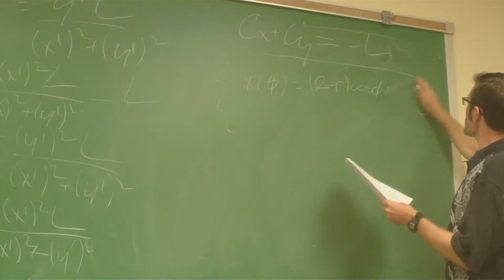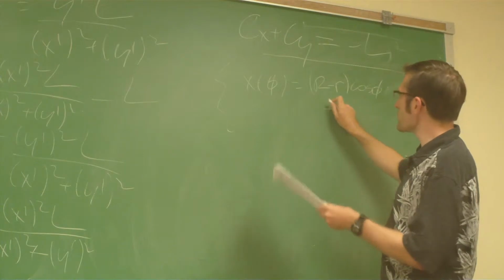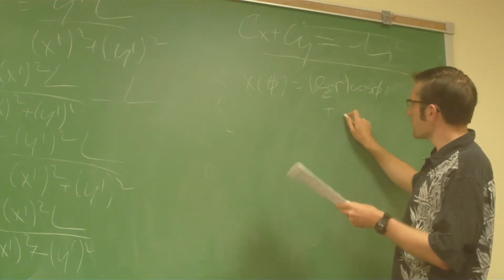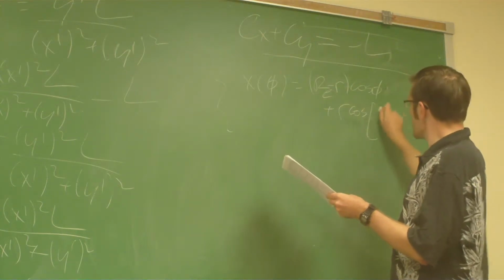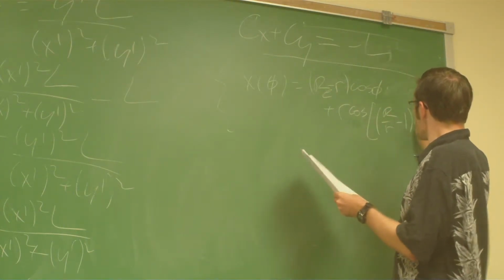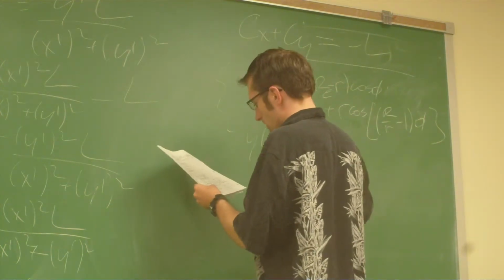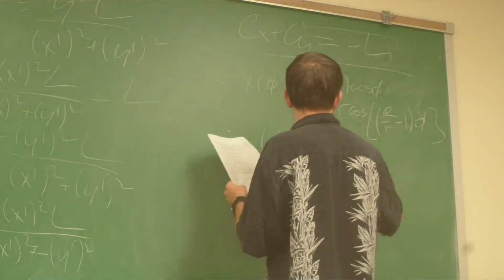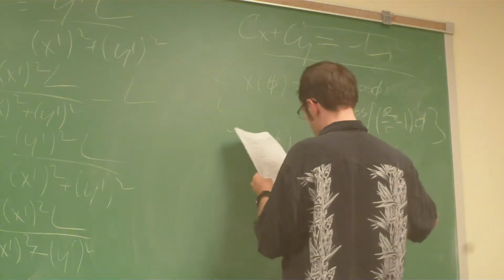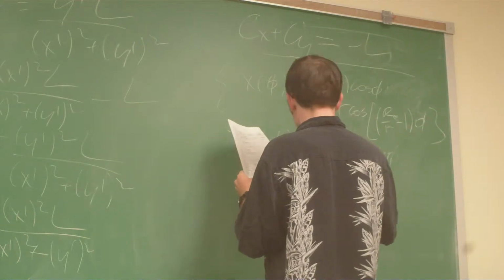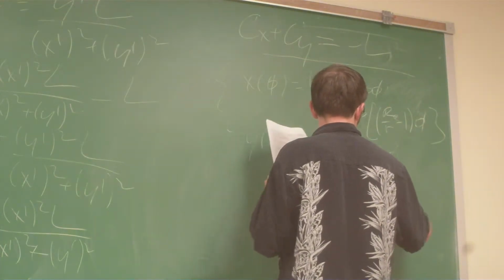So this is the hypocycloid solution. This R is the radius of the Earth. x(phi) is R cosine phi plus r cosine of (R over r minus 1) phi. And then y(phi) is equal to (R_E minus r) sine phi minus r sine of (R_E over r minus 1) phi.